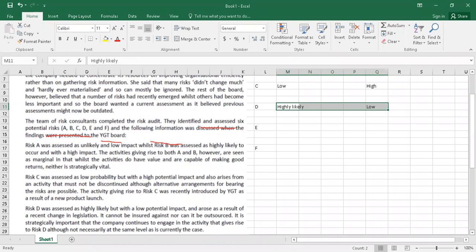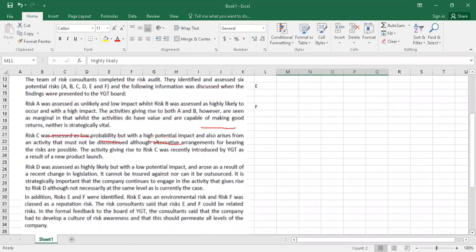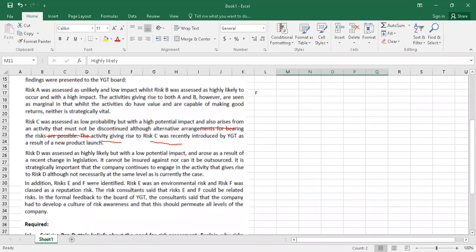It cannot be insured against, nor can it be outsourced. It is strategically important that the company continues to engage in the activity that gives rise to risk D, although not necessarily at the same level as is currently the case.